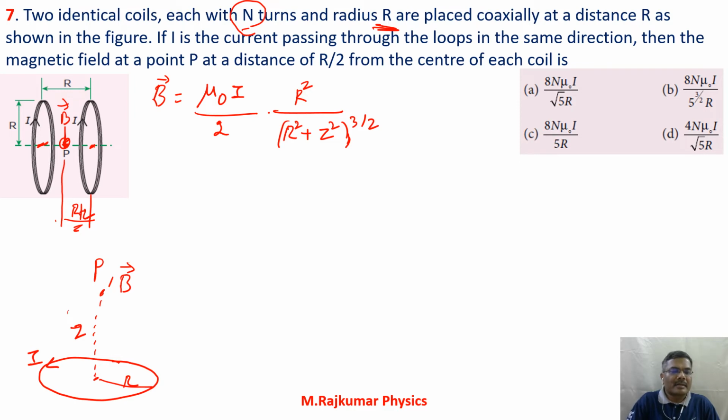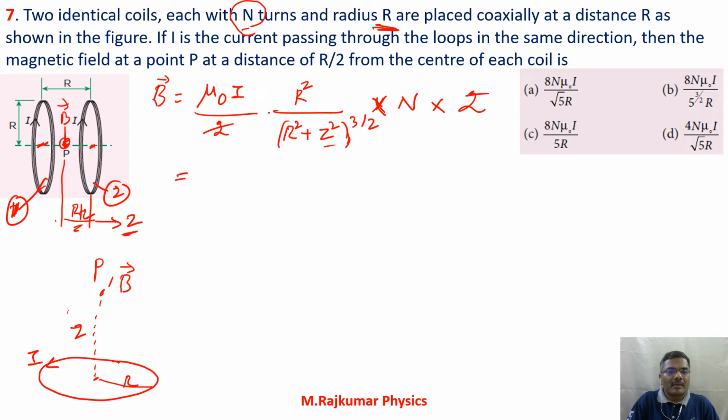In our case we have n turns, so I have to multiply this expression by n. And there are two coils, so I also multiply by 2. This 2 and this 2 will cancel, and z is nothing but r by 2, so instead of z I substitute r by 2.